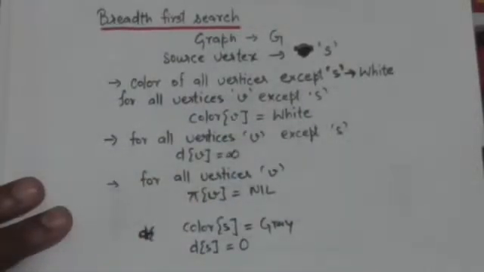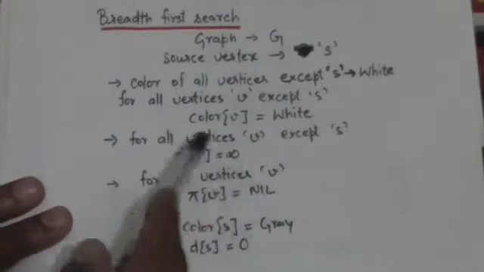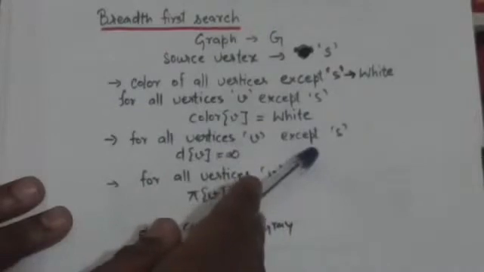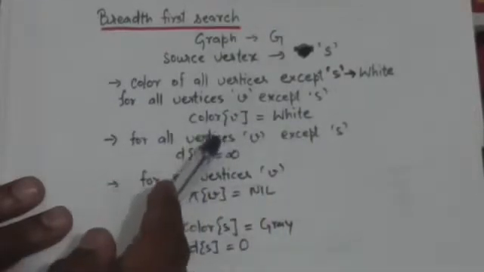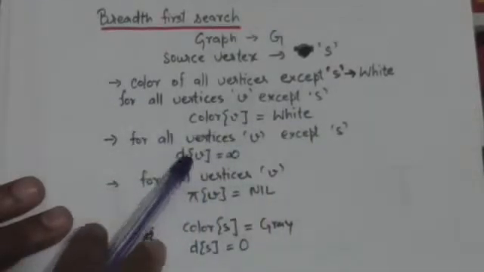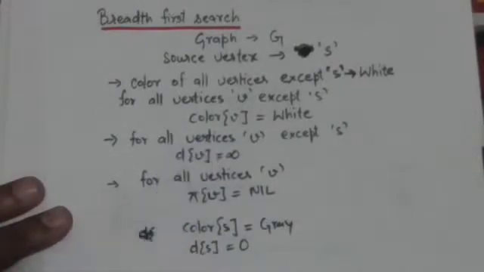The distance of all vertices from the source vertex except S will be set to infinity. So for all vertices v except S, the value of d[v] will be set to infinity.